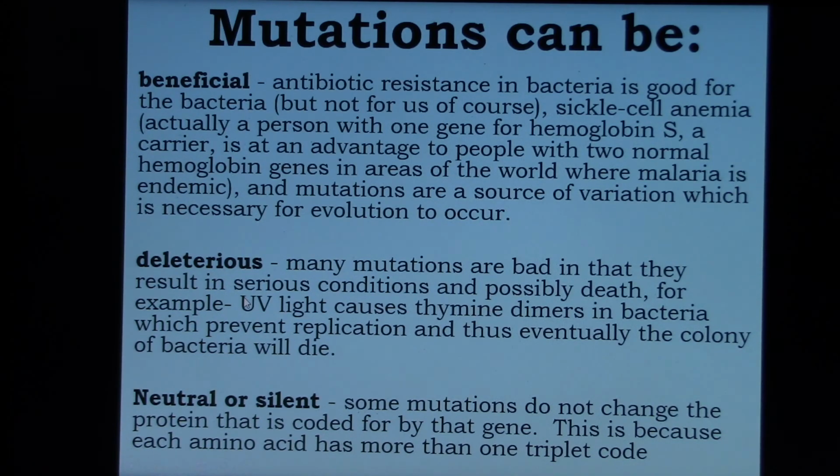Deleterious, or bad. These are mutations that cause problems, like the skin cancer, like lung cancer, like cystic fibrosis. So they cause a change in the protein, and sometimes it's so overwhelming that the organism doesn't even develop.